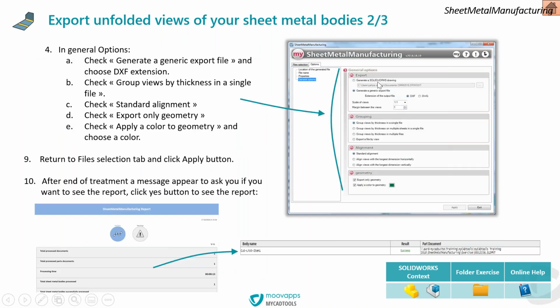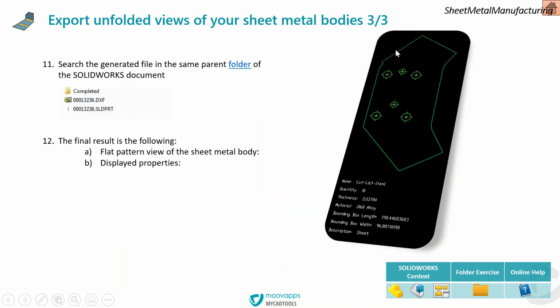Okay. So here, this one is the general option. On the setting, the scale, margin, and what kind of parts you want to export. Okay, after you have set that, you come out with the DXF drawing view.